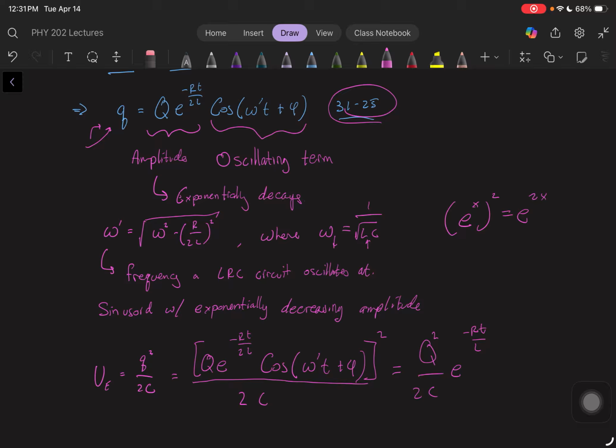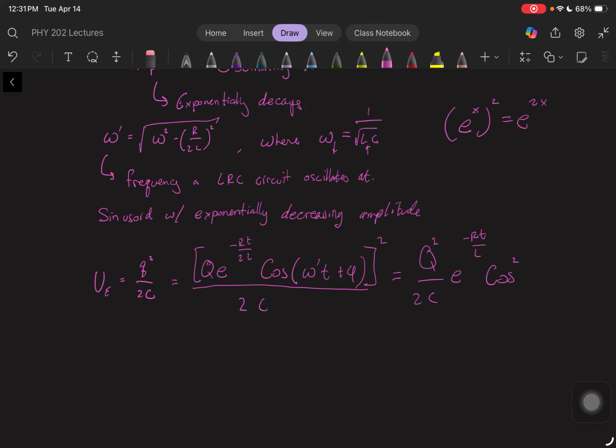And so the 1/2 we had right here disappears over here because we squared it. And then we obviously square our cosine, right? Can't forget that. Omega prime t plus phi, because if you square cosine, you just get cosine squared.